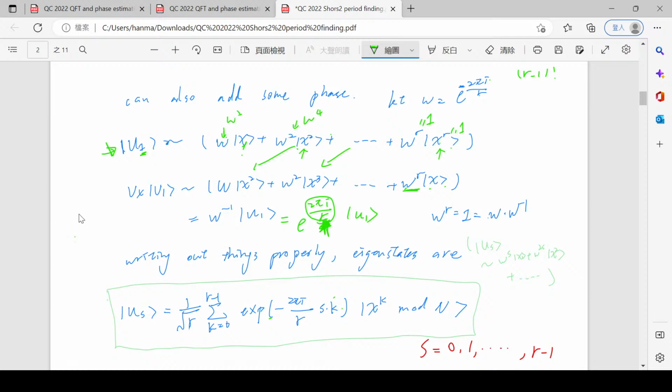So when we add all the way through, we have 1 plus omega plus omega squared plus up to omega to the r minus 1, and that will equal 0. Everyone okay with this cancellation?